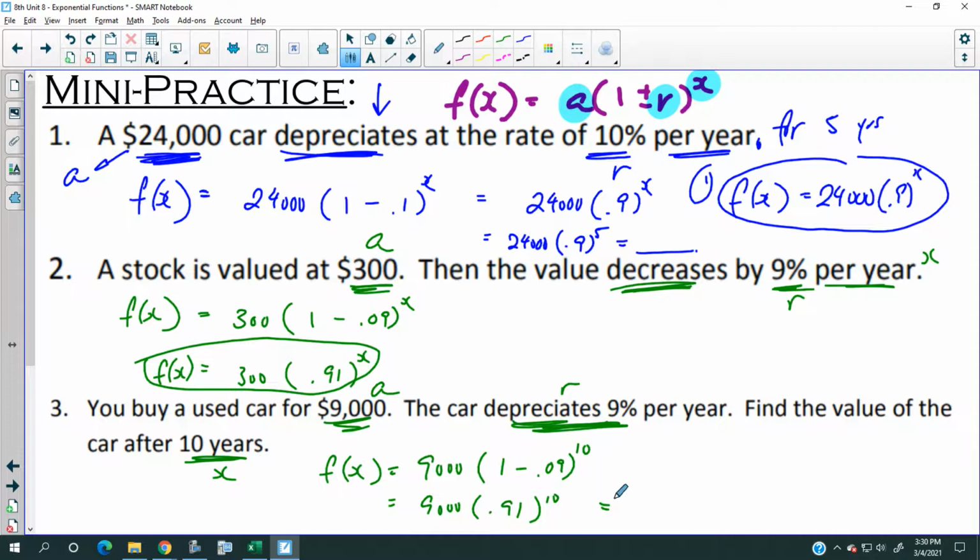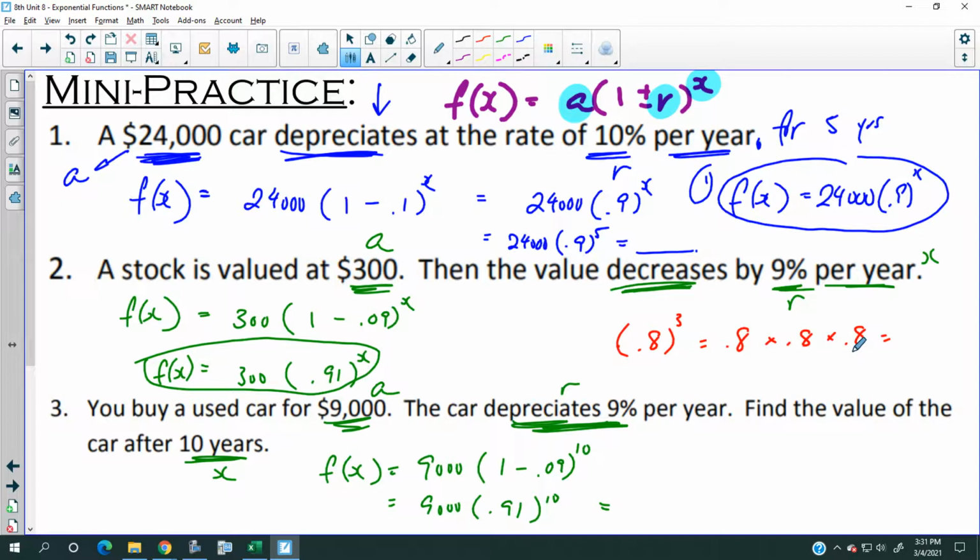Now, one of the things I also want to tell you, I think this is a good time to tell you, let me use a different color, is that when you take something that's less than 1, like 0.8, and you multiply it repeatedly, the number is going to be quite tiny.